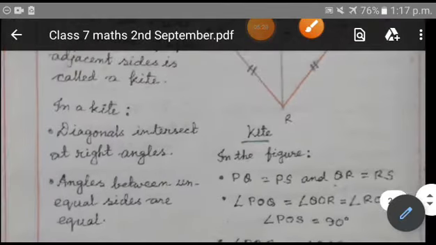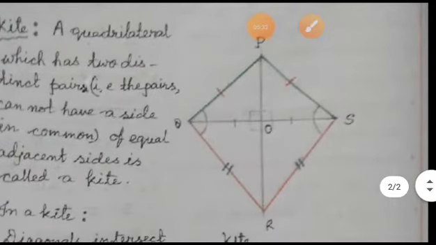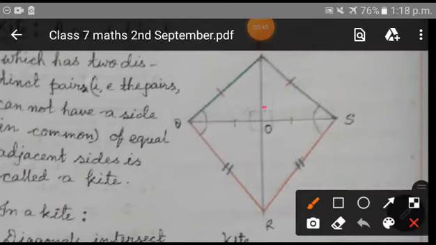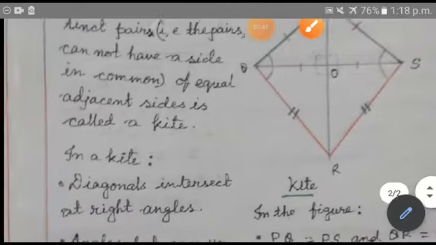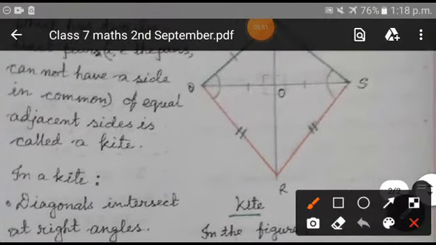So what are the two diagonals you can see over here? The diagonals are PR and QS. Right, the vertical diagonal, that is PR, and the horizontal diagonal, that is QS, they are intersecting each other at 90 degrees.